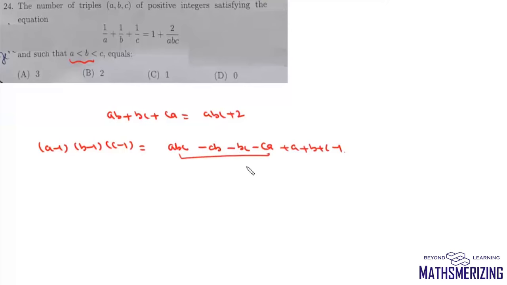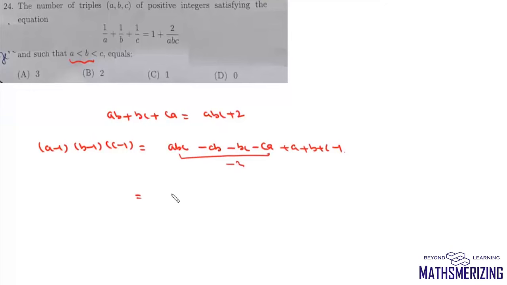Now we have this standard result that (A minus 1) into (B minus 1) into (C minus 1) will be equal to ABC minus AB minus BC minus CA plus A plus B plus C and then minus 1. Now we know that AB plus BC plus CA is equal to ABC plus 2. So basically ABC minus AB minus BC minus CA, this value will be nothing but minus 2.